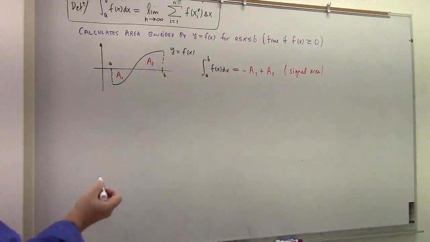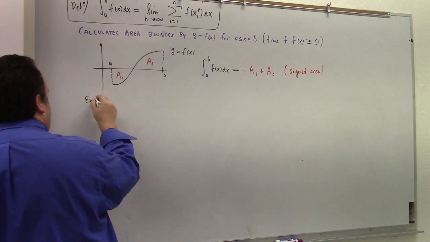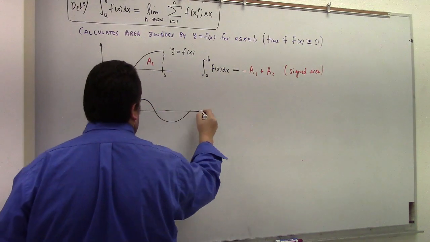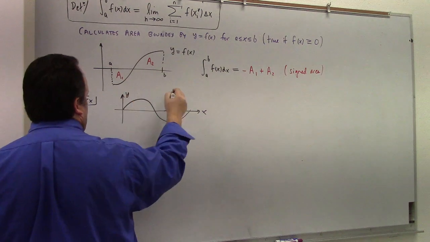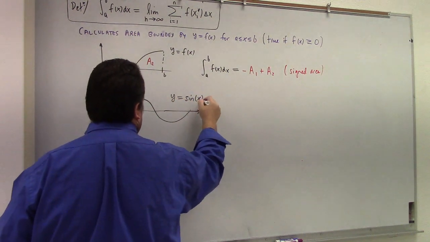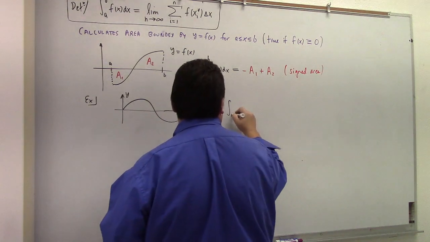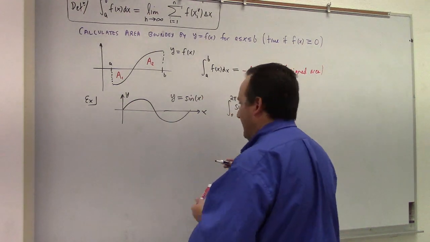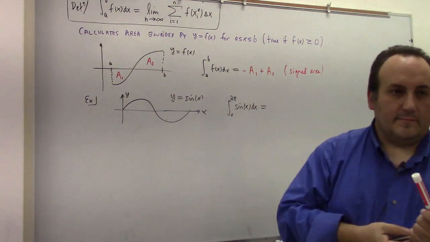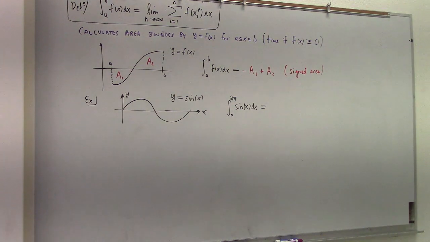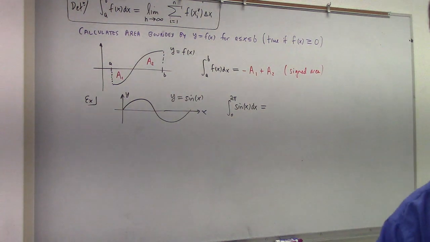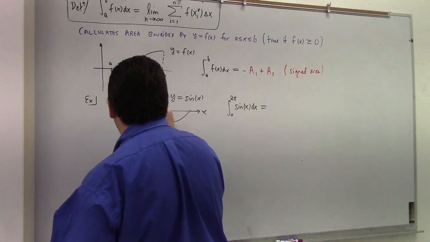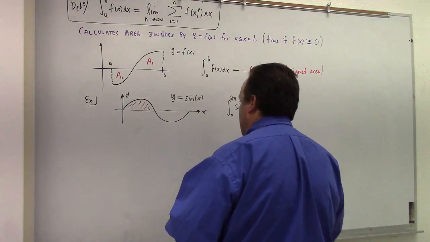Just to give you a specific example with a function that you know and perhaps love, we could look at sine. Y equals sine x. And the integral from 0 to 2 pi of sine x dx, what would it be equal to? What do you guys think? What can you tell me about this red area here, and this blue area over here?